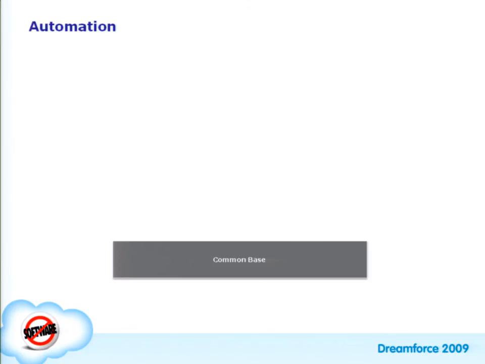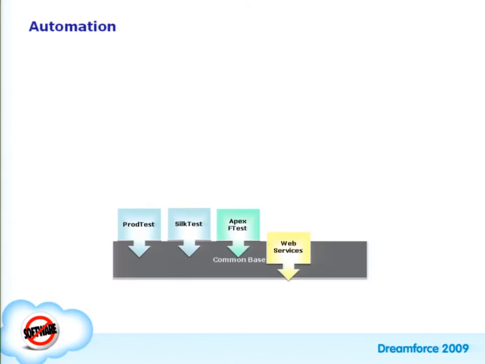We use open source Java code. So we have the common utils, and we have a prod test, which is a Selenium test, which gives us the UI automation, and a self test. Apex F-test, whoever has used the Force.com platform would know Apex. And our web services support SOAP and REST protocols, and we have database utils.